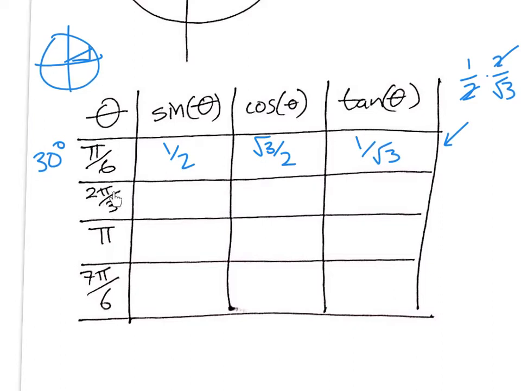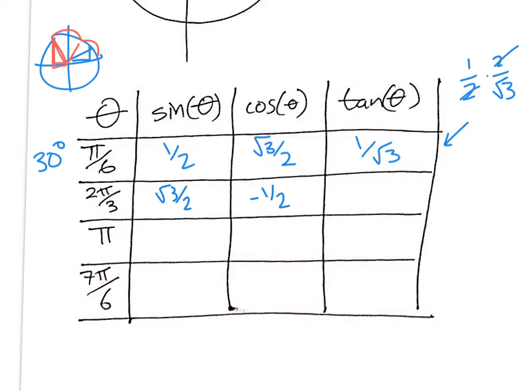If we were talking about 2 pi over 3, so 2/3 pi, that's here. These are thirds. 2 pi over 3. Here's our little triangle. So we would have that the sine is root 3 over 2, and our cosine is negative 1/2.